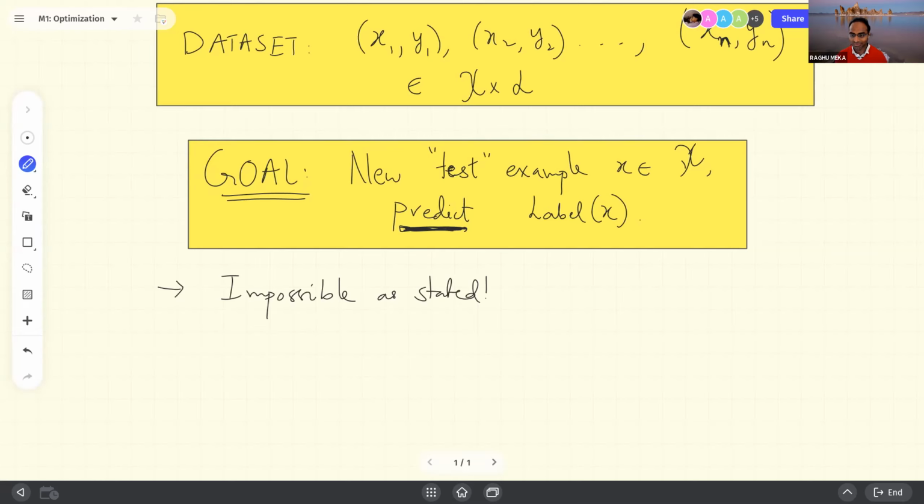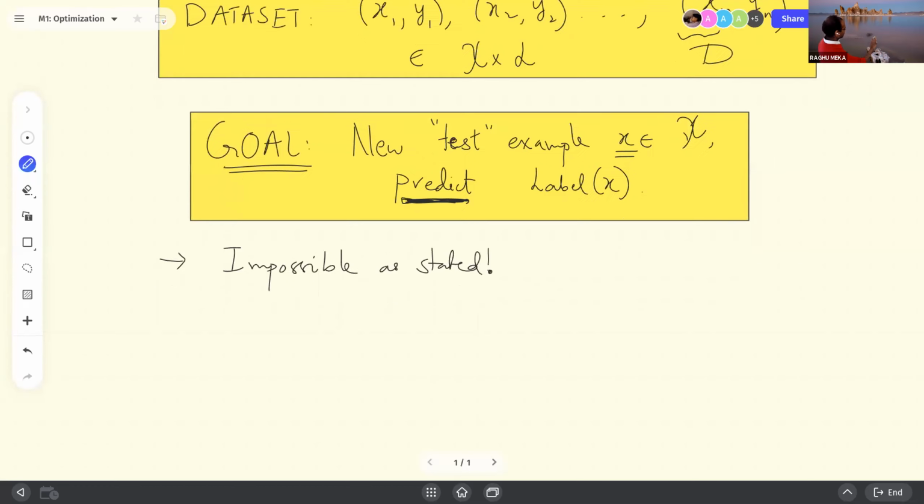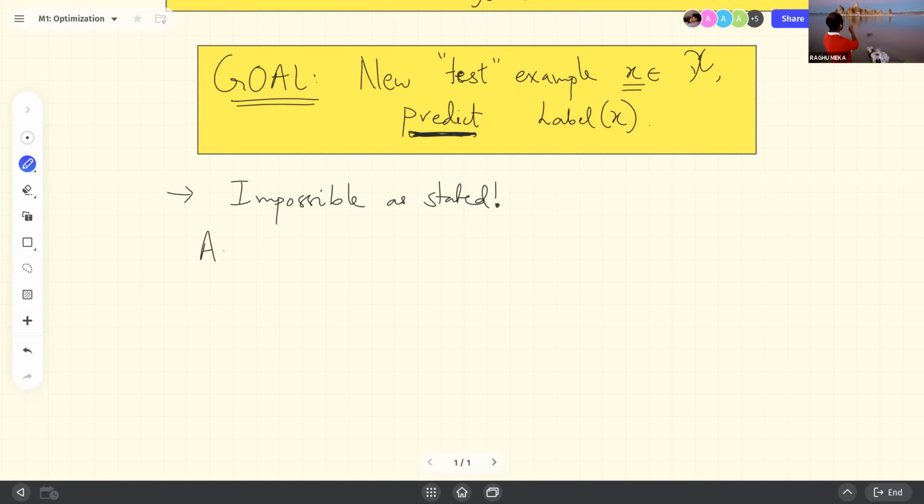So we're still not at a rigorous quantitative computation problem that we can just focus on solving. What is missing here? An assumption about the test set. Exactly. We need to make some assumption about the test example x being somehow related to the training data set.